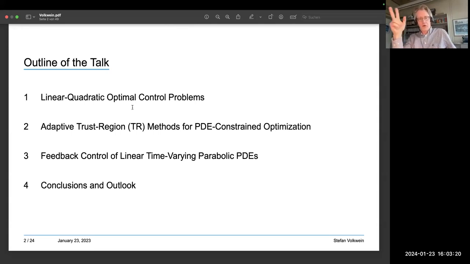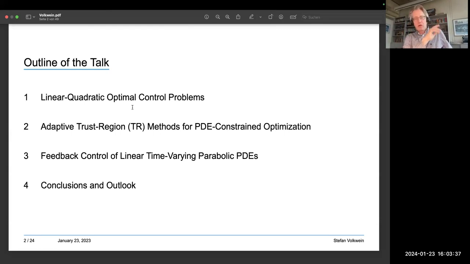So it is more in the context where we have to solve an optimization problem once. So it makes no sense to have a basis which can then afterwards be used for several PDE constrained optimization problems.